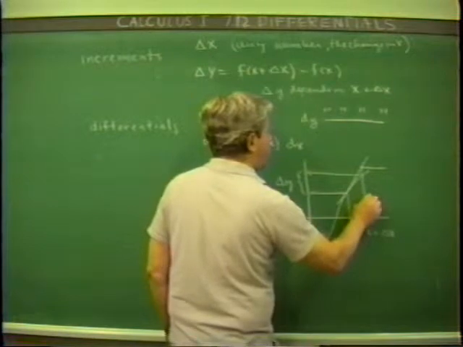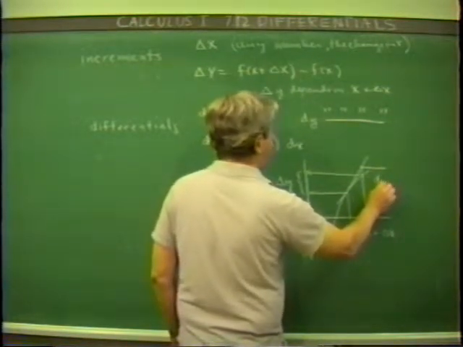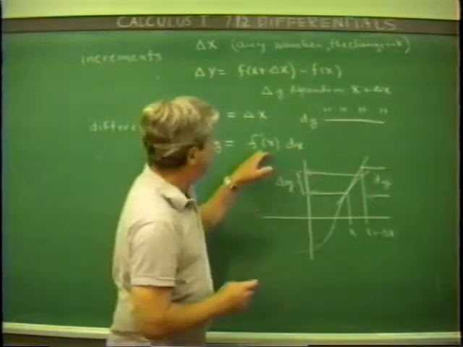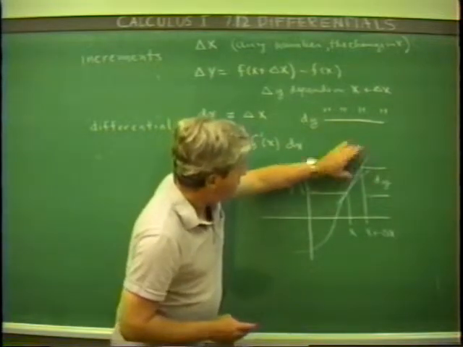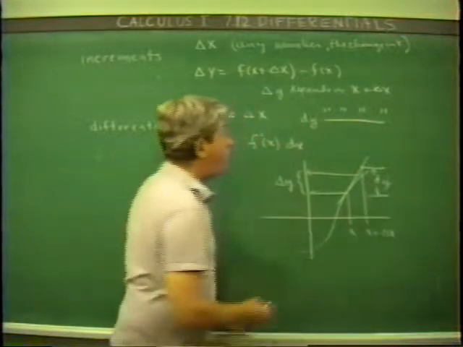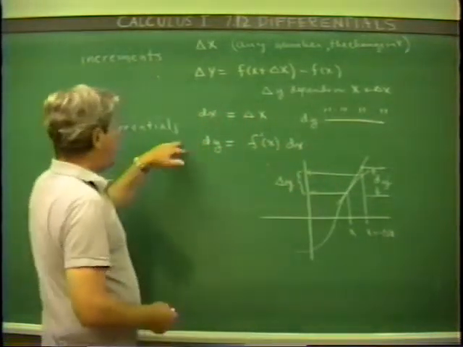If we draw the tangent to this curve here, and we look at the value on the tangent line, the change between the value of the function at the point and the value of the tangent line is dy. It's easy to see that if we take the derivative and multiply it by delta x, then this magnitude right here will be dy.